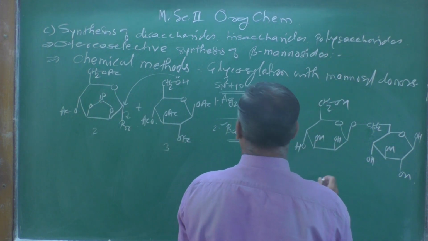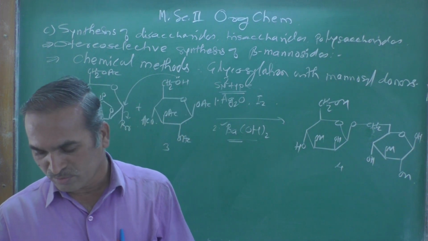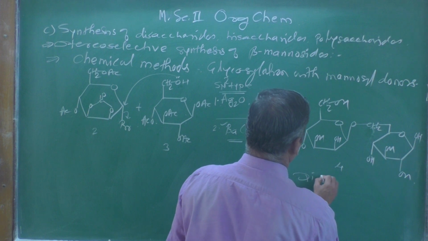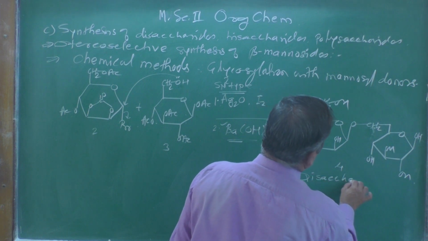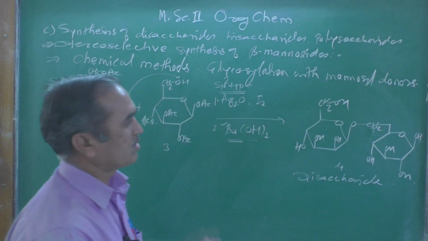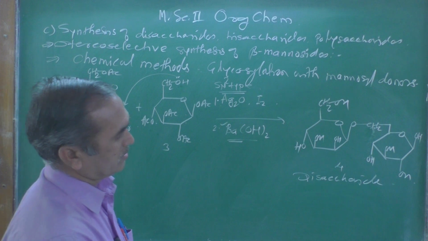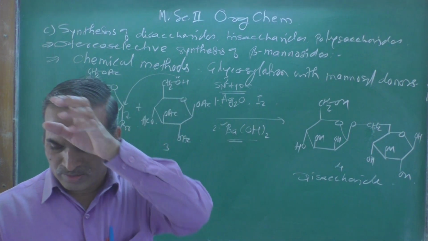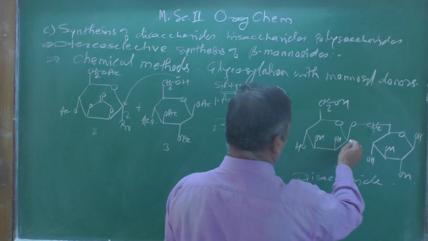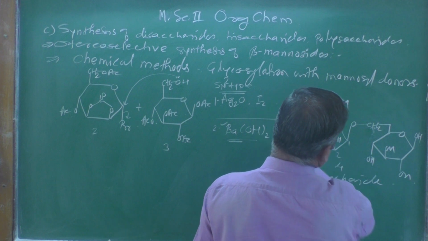This is nothing but structure number 4, and we can call it a disaccharide. It is a disaccharide compound, meaning two sugar units combined together, with a 1,6 beta glycosidic linkage. Here is 1, 2, 3, 4, 5 and 6.